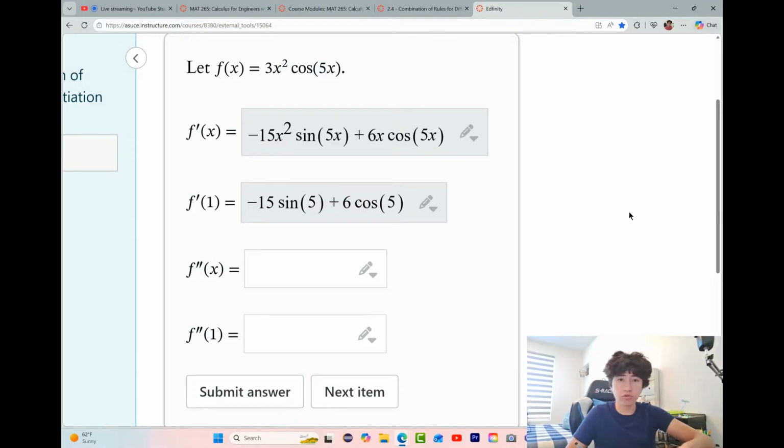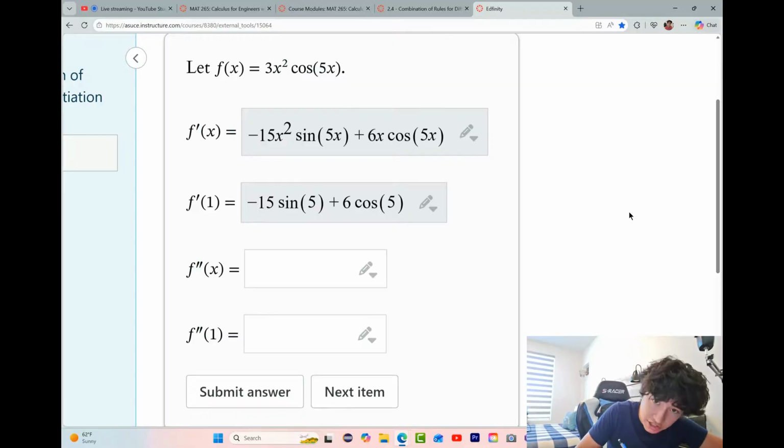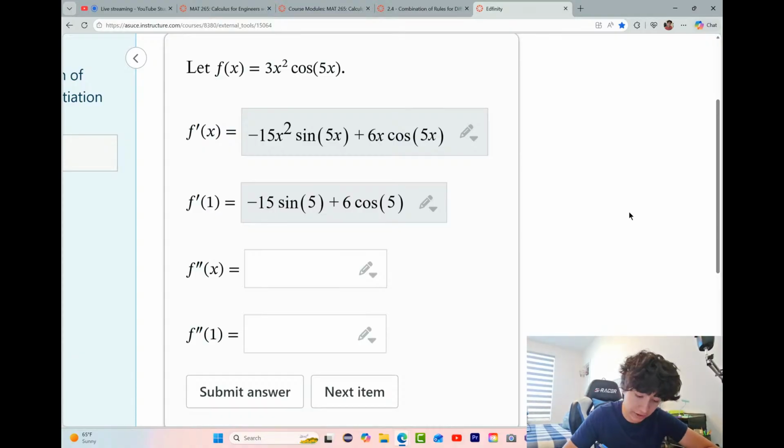And finally, doing the product rule for 6x cosine of 5x. If y equals 6x cosine of 5x, it's 5x, not 5. Perfect. Y prime equals 6x times the derivative of cosine of 5x, which we said was negative 5 sine of 5x, plus the derivative of 6x, which is simply 6, times g of x, which is cosine of 5x.